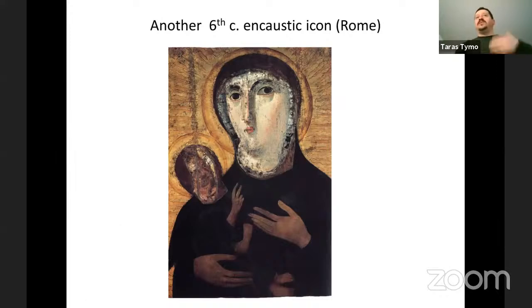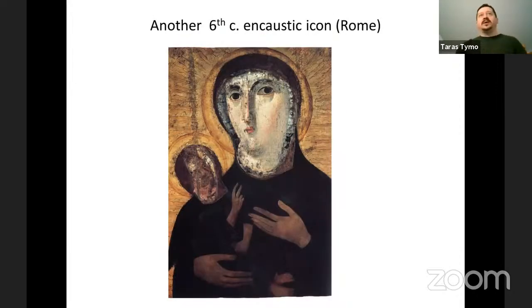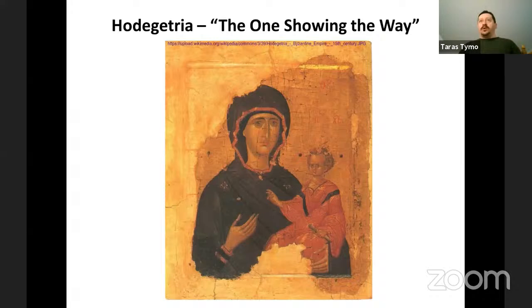So there are different representations at earlier stages of the development of this iconography, like this or many others. But then at some point, those icons come to this kind of canonical, strict representation with Mary and the child sitting upright, turned towards us.